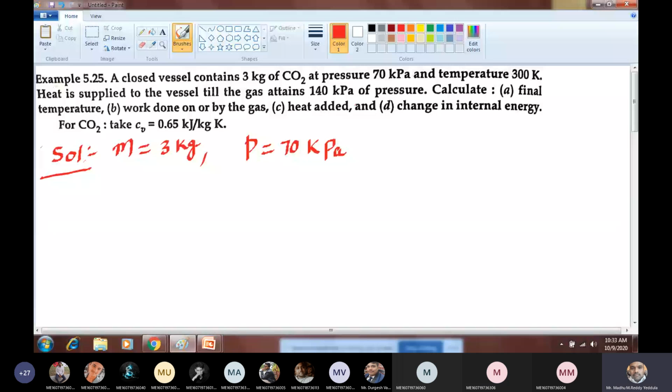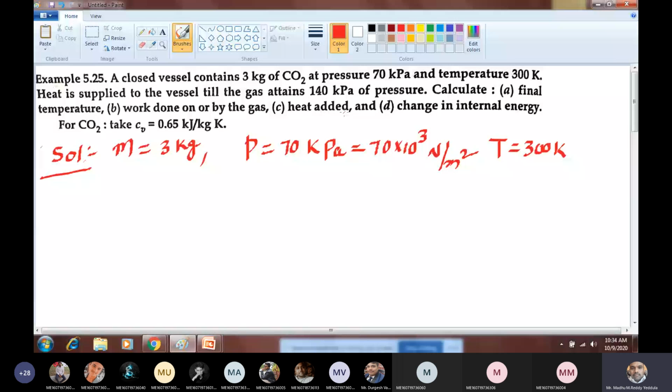So 70 kilopascal is 70 into 10 power 3 pascal, and 1 pascal is 1 Newton per meter square. Temperature T is equal to 300 Kelvin. Then heat is supplied to the vessel till the gas attains 140 kilopascal of pressure.